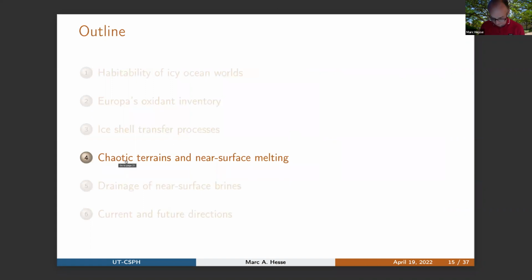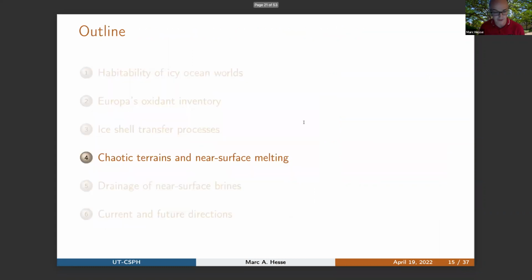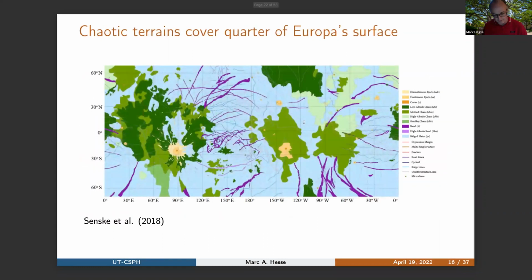Okay, so we're going to focus on one of all of these. The impacts are their own story. So we're going to focus on melts beneath these potential chaos terrains, and the reason is that they're quite abundant. This is a map by Senskedal of Europa's geology, and everything that is in some shade of green is in some way chaos.